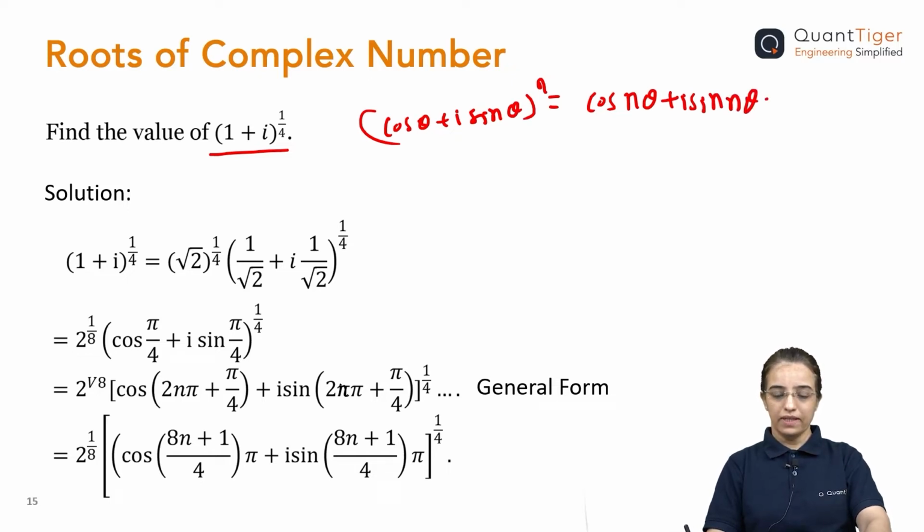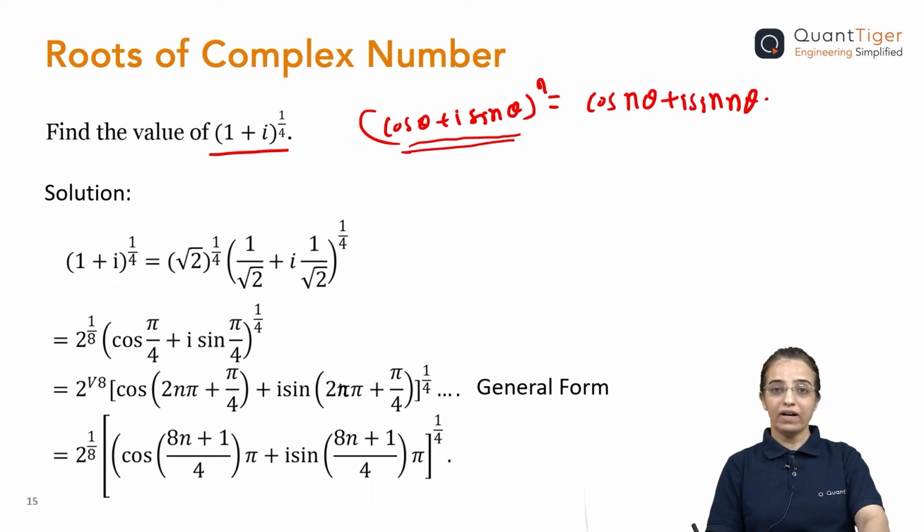So the given complex number we want in this form, cos theta plus i sin theta, but what is given here is 1 plus i. Keeping these values as they are, how can we convert it into the form cos theta plus i sin theta?